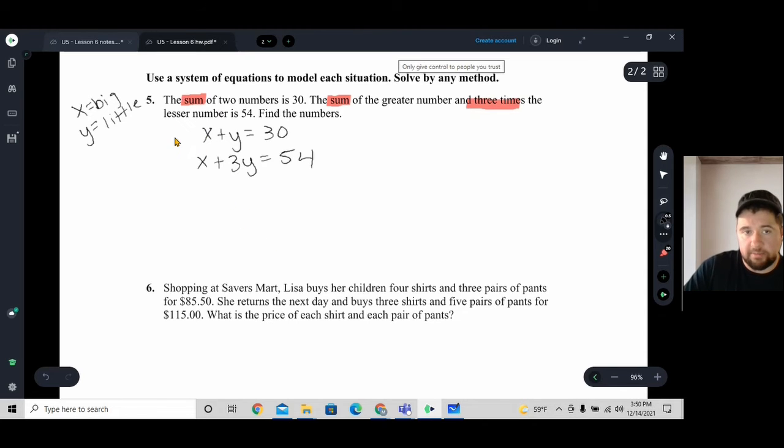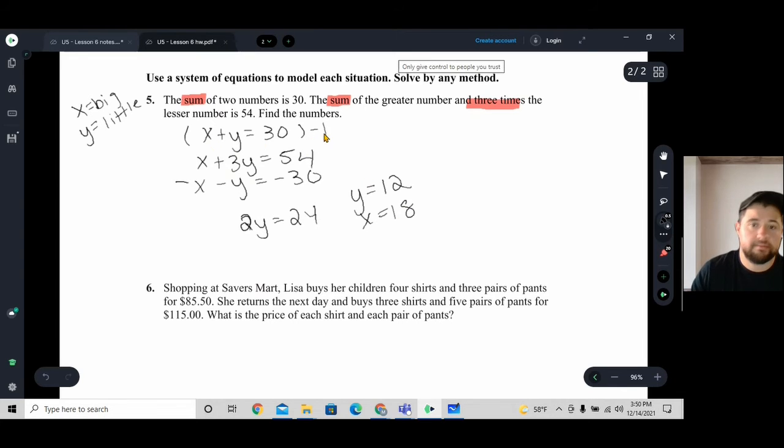Well, I'm going to take my top equation, because I have an X here and an X here, and multiply it times negative 1. So I'm going to have negative X minus Y equals negative 30. My X's will cancel. 2Y equals 24. That means Y equals 12. If Y equals 12, X equals 18.